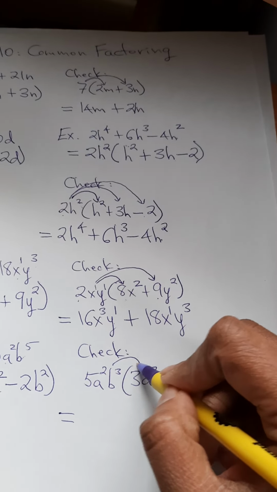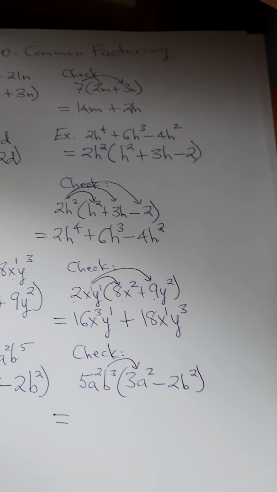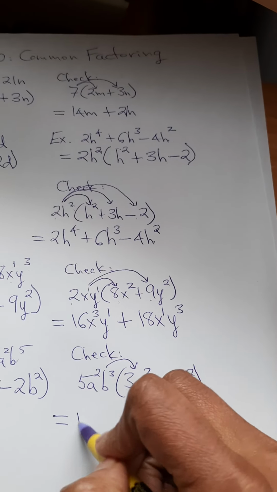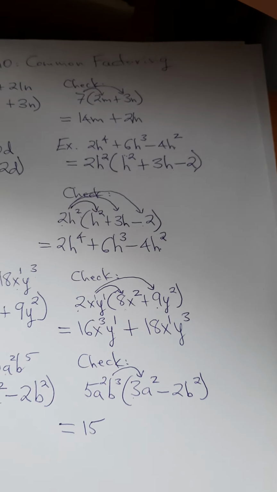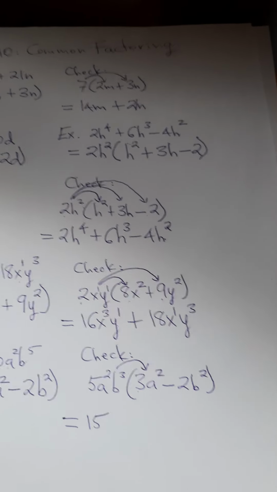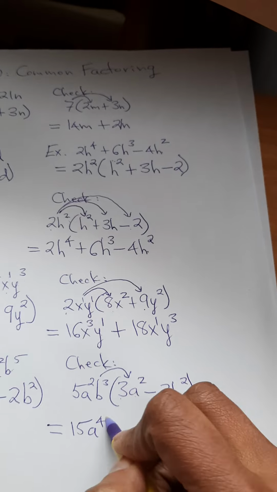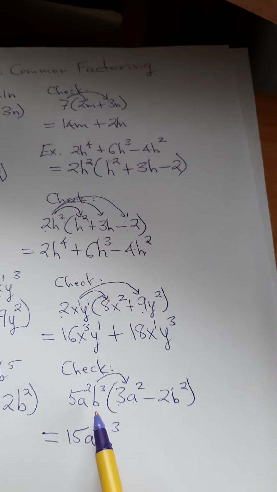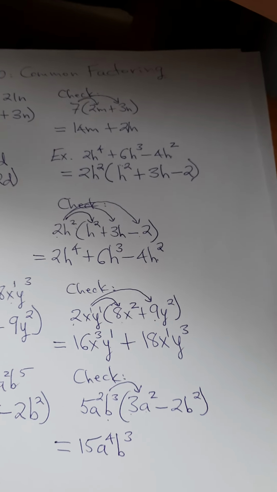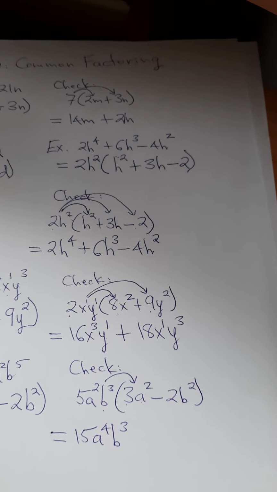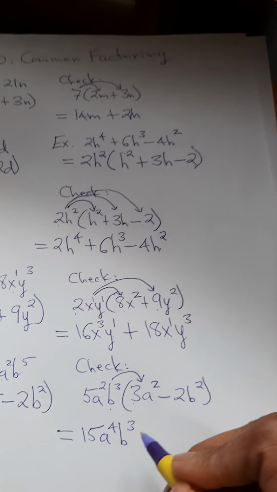Let's do the distributive property once more. We're going to do 5 times 3, 15. Because we're multiplying, I'm going to add the exponents together: a squared times a squared is a to the power of 4. And b^3, because this first term doesn't have any b values. Everyone's good so far? Let's go to the next term.